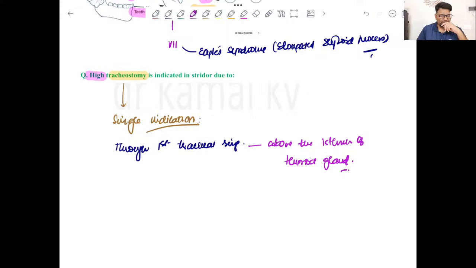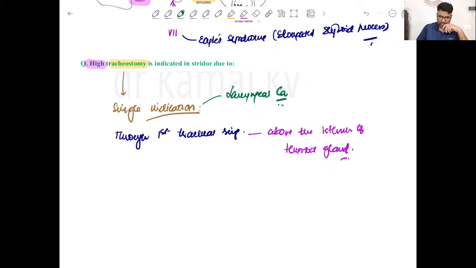You are right. So it is laryngeal malignancy. Yes, you are right. The only indication is laryngeal carcinoma. So it is done through the first tracheal ring, and above the level of the isthmus of thyroid gland.